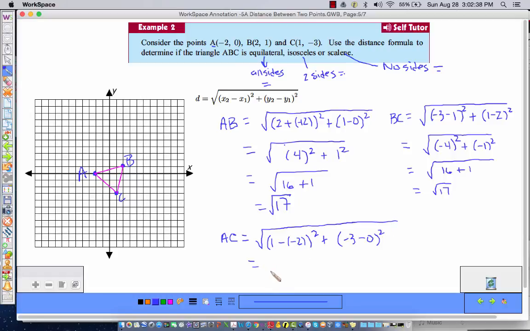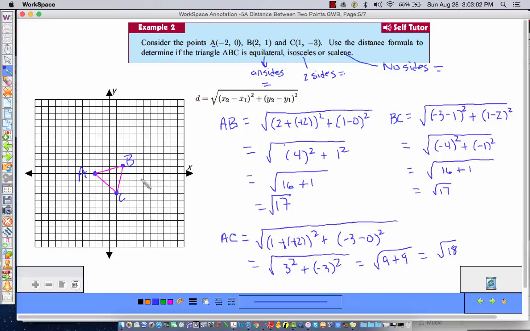That is equal to the square root of 1 minus negative 2 is 1 plus 2. So that's 3 squared plus negative 3 minus 0 is negative 3 squared. That equals the square root of 9 plus 9. 3 squared is 9, negative 3 squared is 9, which is square root of 18.